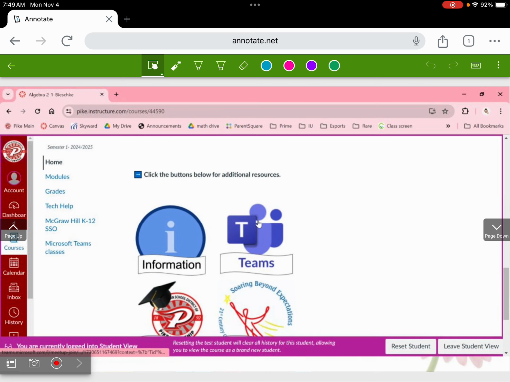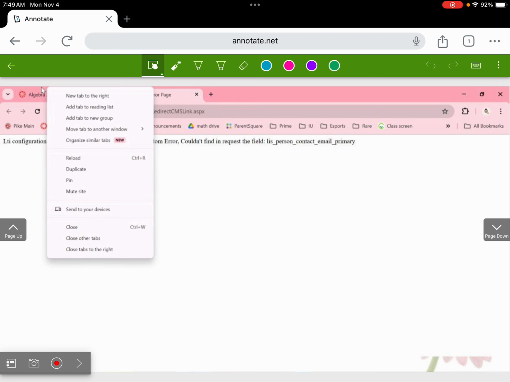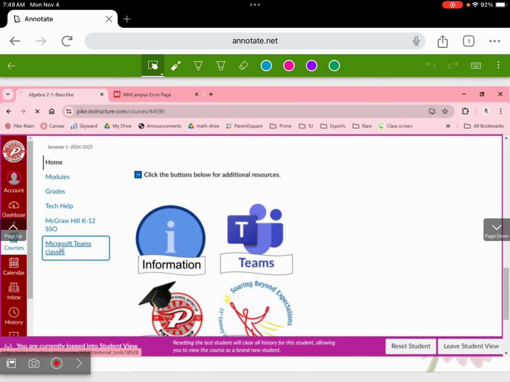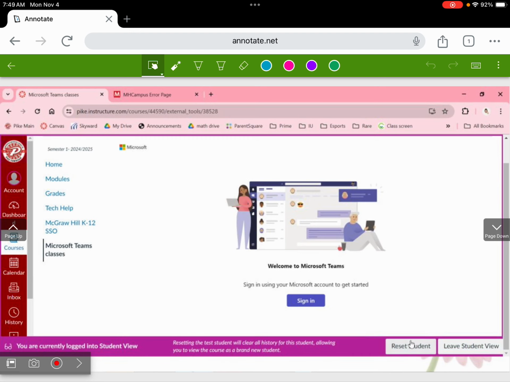I also have a button down here. If you go into, oh, that's the wrong button. In here, when you are logged in, it should link directly to your, I have to leave student view because it won't do it when I need.